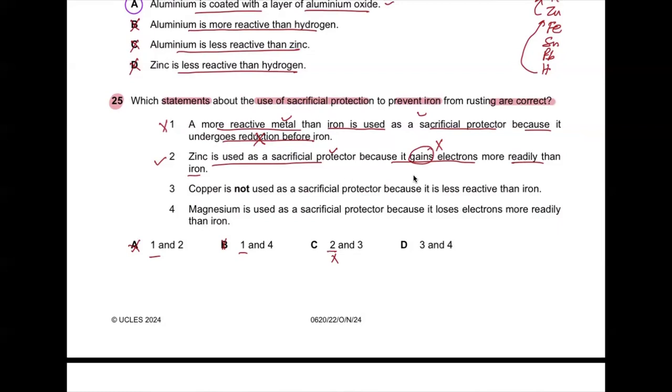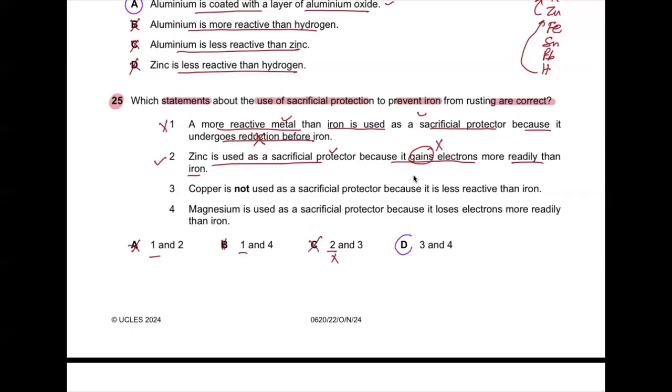Now, MCQ number 26. Aluminium is extracted from its ore by electrolysis. What is the role of cryolite in this process? Cryolite is used to dissolve aluminium oxide and lower the operating temperature. Yes, that is one reason. To lower the boiling point of bauxite?